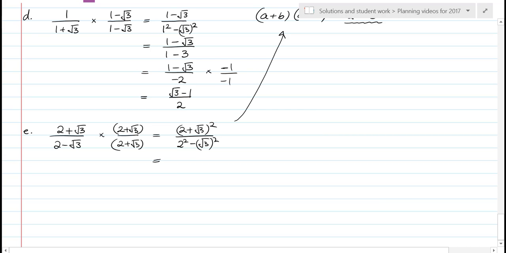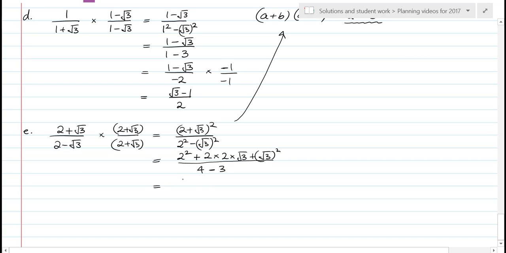And the top, the numerator, if you remember back to our expansions in video 4, binomial products, then you will recall that that just becomes 2 squared plus 2 times the first term, which is 2, times the second term, which is root 3, and then plus root 3 squared. All over 2 squared is 4, root 3 squared is 3.